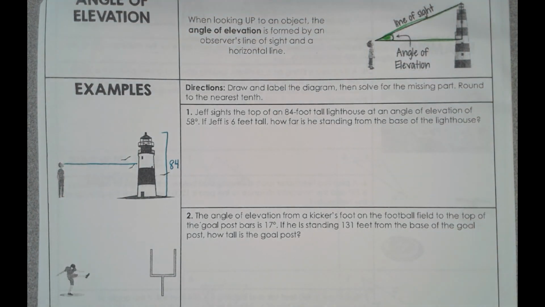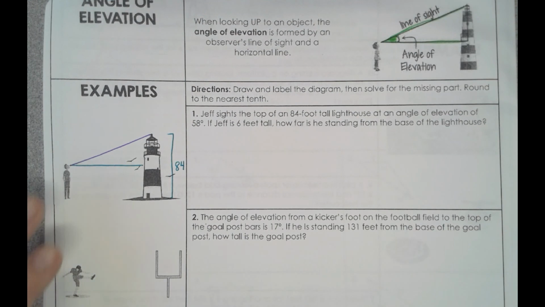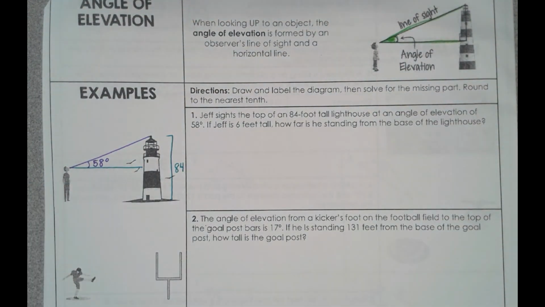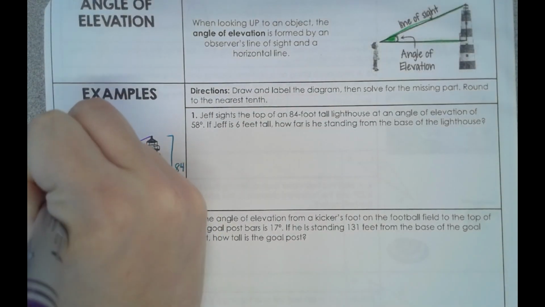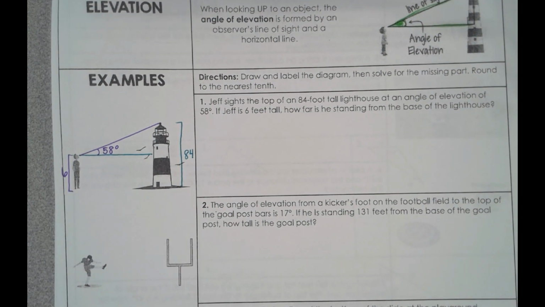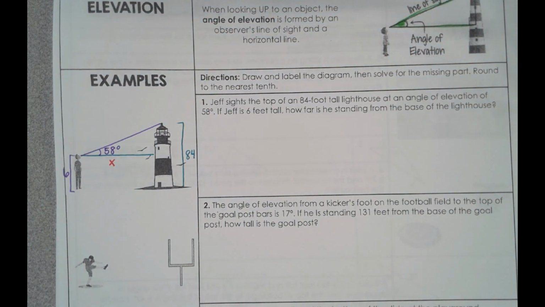He looks up to the top of the lighthouse at an angle of elevation of 58 degrees, and we know that Jeff is 6 feet tall. All those are important. We want to know how far he's standing from the base of the lighthouse, so we want this distance.